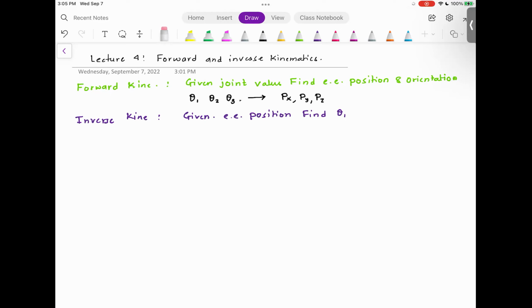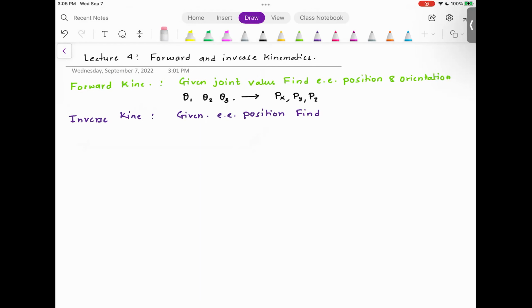Which means, given the values of Px, Py, and Pz, find the values of theta 1, theta 2, and theta 3.